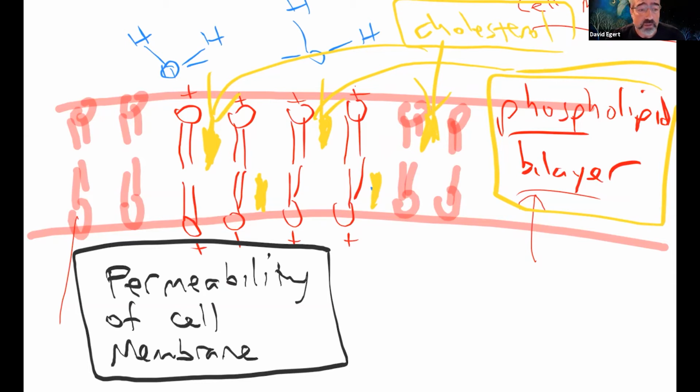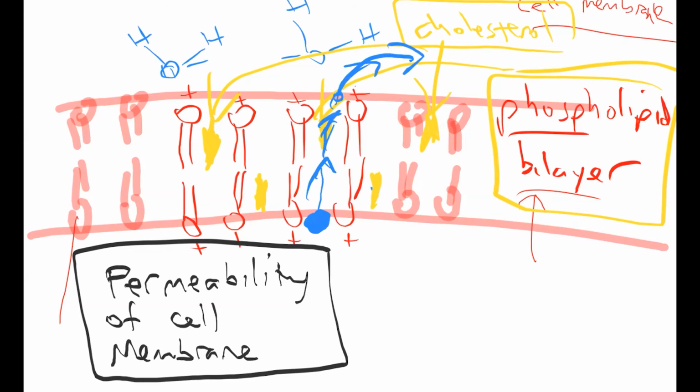So assuming that you have something that makes it up to one side of a cell membrane, what is going to determine whether or not it can make it to the other side? Permeability? But what is going to determine whether or not it's permeable? Whether it's polar or non-polar? And in which way? Be more explicit.